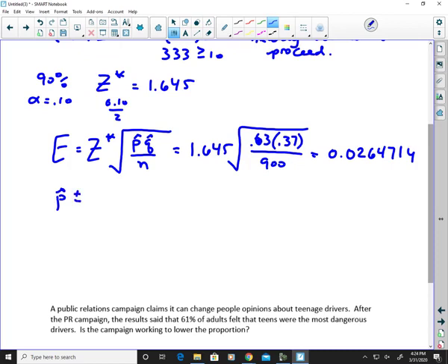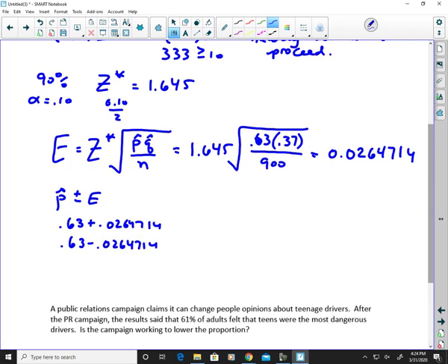The next step is taking my p hat and adding and subtracting my error. So I'm going to have my p hat of 0.63, and I'm going to add the error of 0.02647, and I'm going to subtract 0.02647.